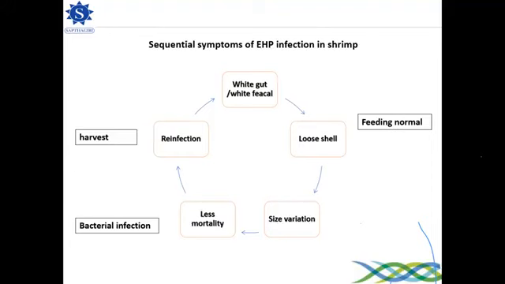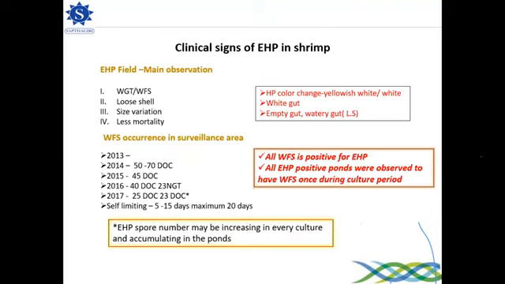The surveillance from our study shows that in India, in 2013, very limited cases of EHP incidents were reported. As time goes, the first appearance of white fecal or white gut during the culture period is decreasing every year.